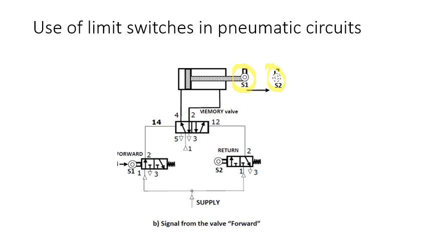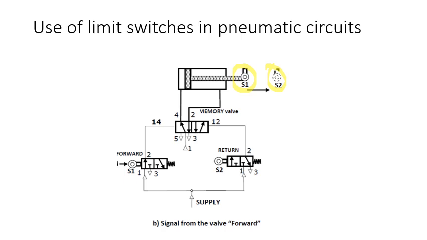When it reaches the end position, at the end we have the S2 switch that will be pressed. S2 is under the closed condition. If the cylinder rod comes and presses the S2 valve, the S2 valve gets actuated, meaning 1 to 2 is connected. So the air supply will give a signal to the main valve from port number 12.